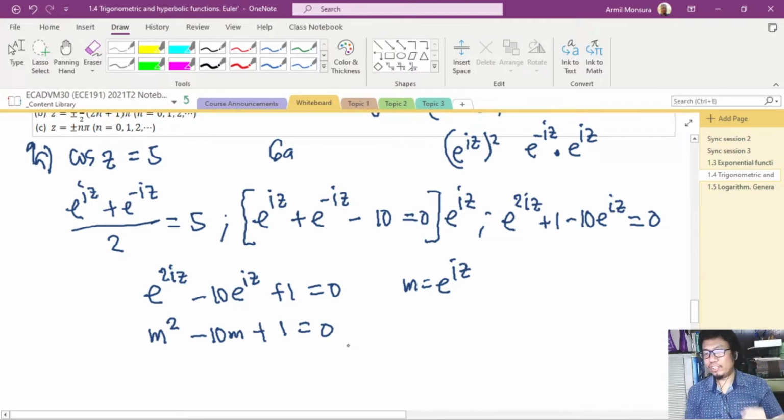But you have a calculator for this one, so let us simply use your calculator and see the roots of your quadratic equation.